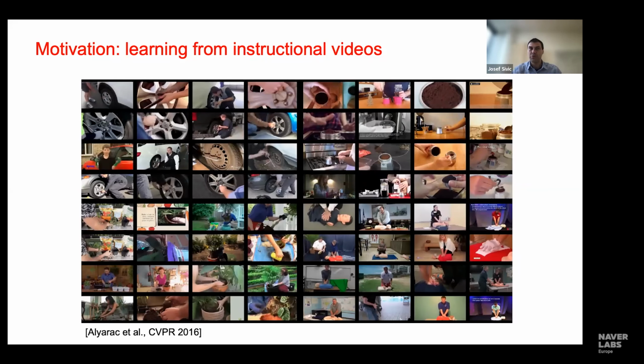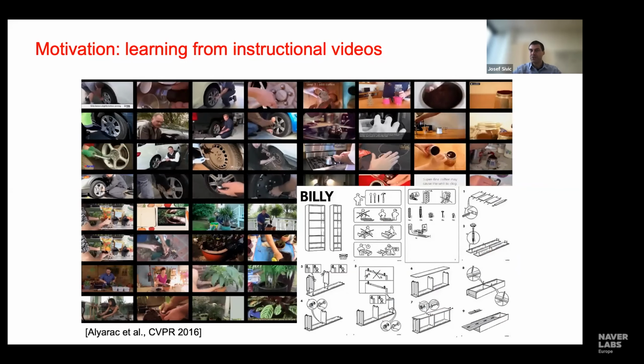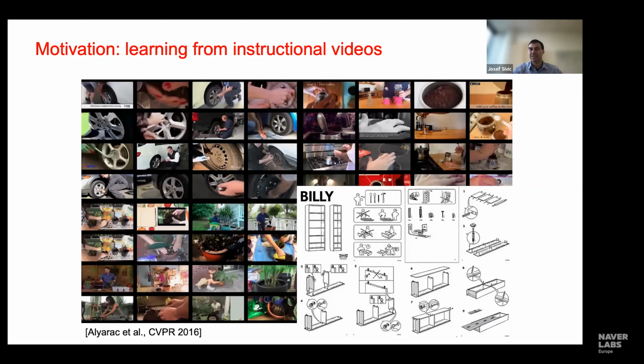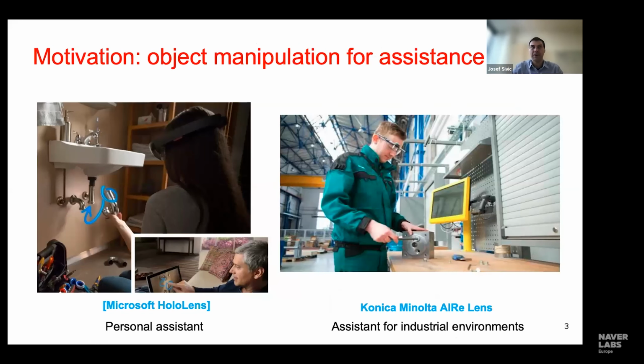So we thought, wouldn't it be great if we could really learn from this data? The vision is, what if we could automatically extract from a video some kind of instructional manual, so that one can then automatically use that manual to give instructions, for example, via an augmented reality device, on how a novice can do a specific task, or in an industrial environment, how to maybe even check that the assembly task is done correctly.